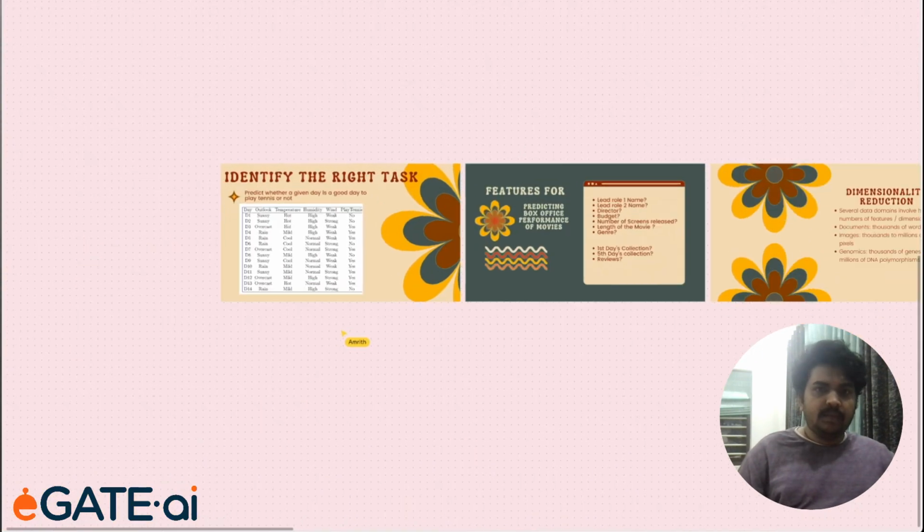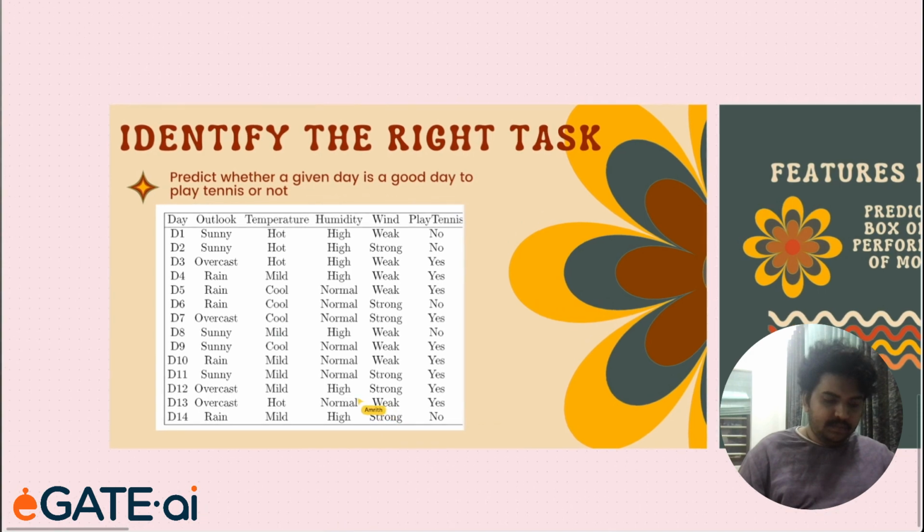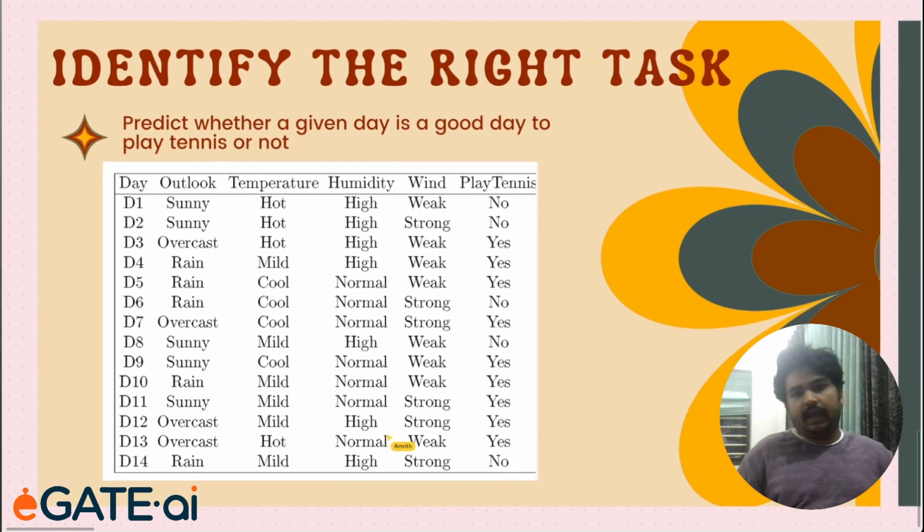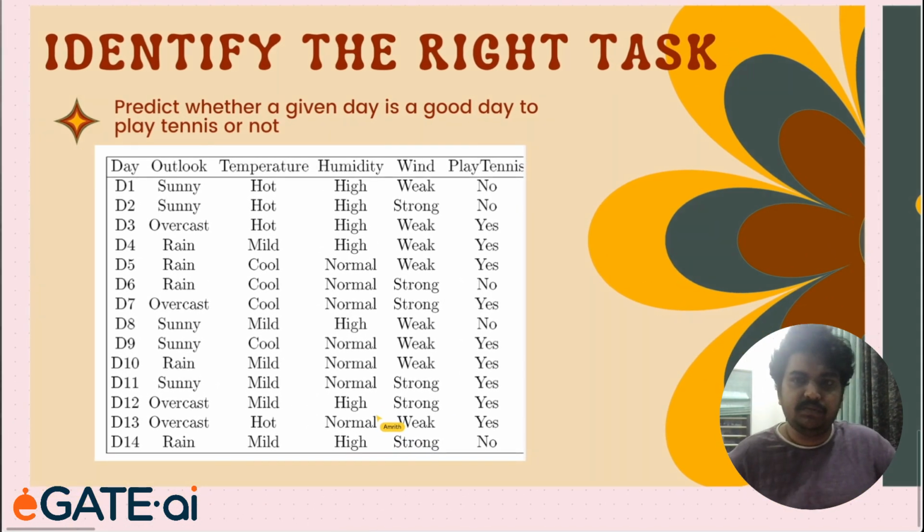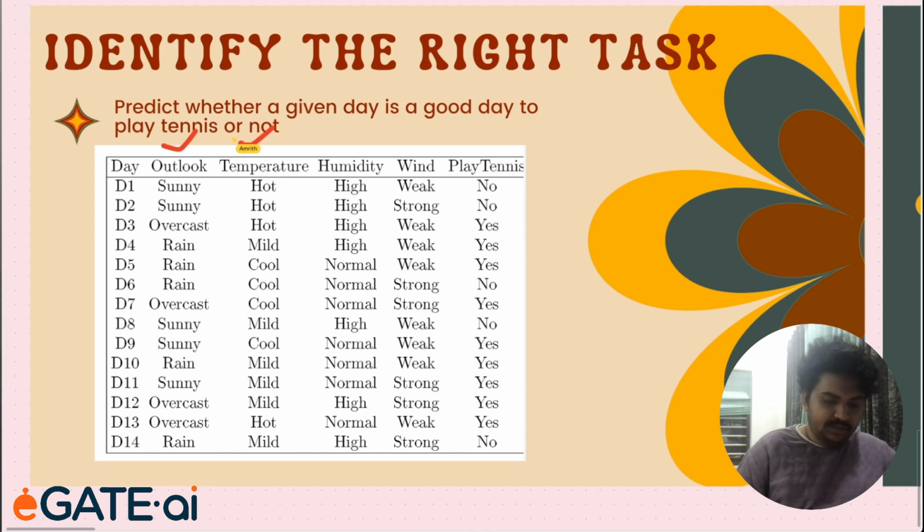Now let's look at a classic example that is quite popular and is present in some of the standard textbooks. Here we need to predict whether a given day is a good day to play tennis or not. Here again, we represent a day as a vector of four features, namely outlook, temperature, humidity, wind.